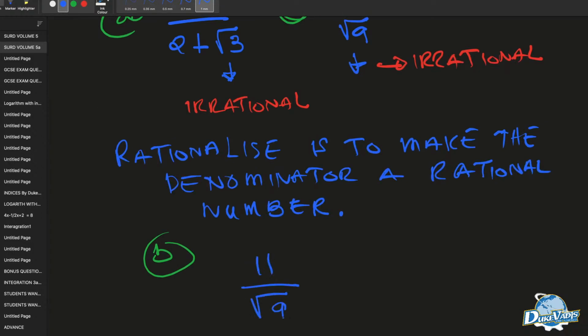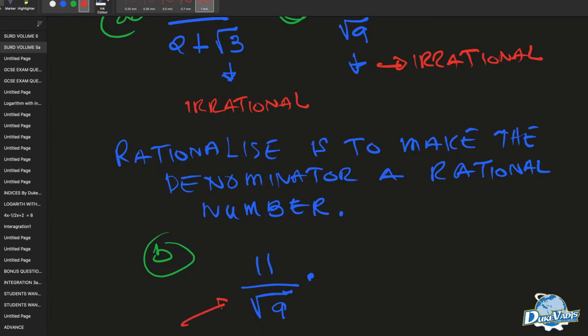It's 11 over surd 9. To rationalize this, I have to multiply the whole expression by the denominator.